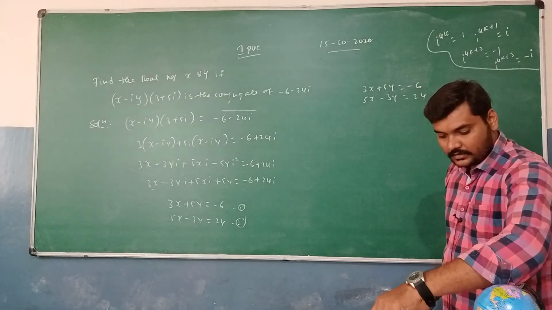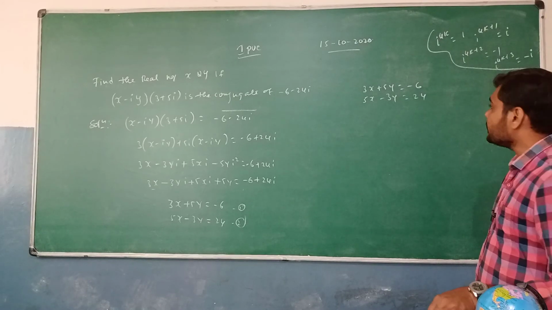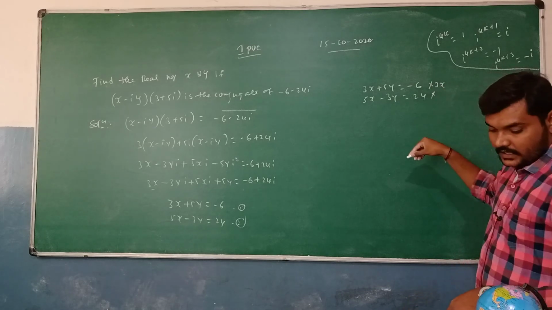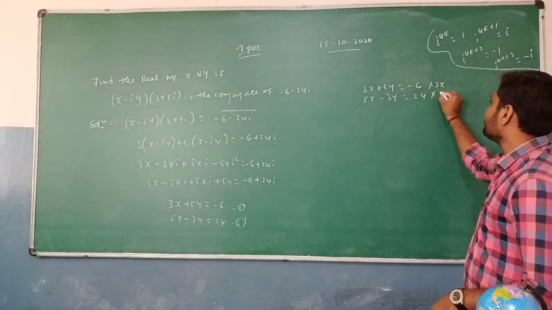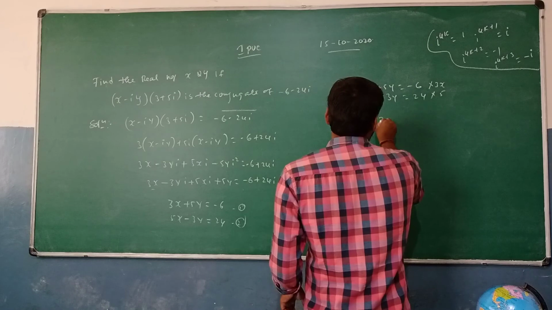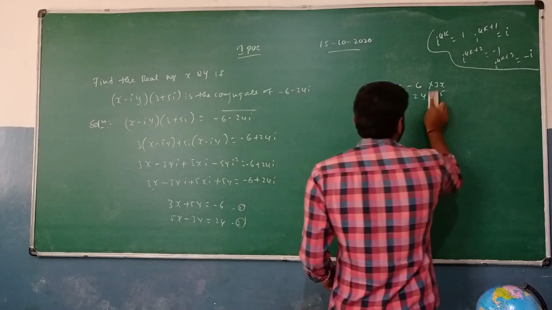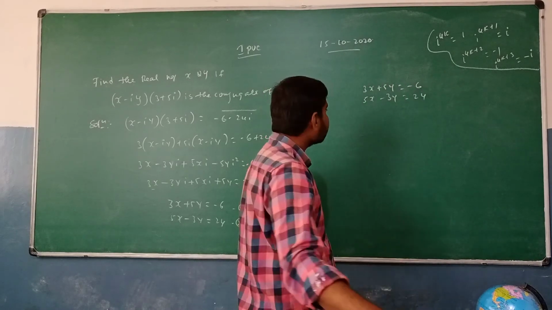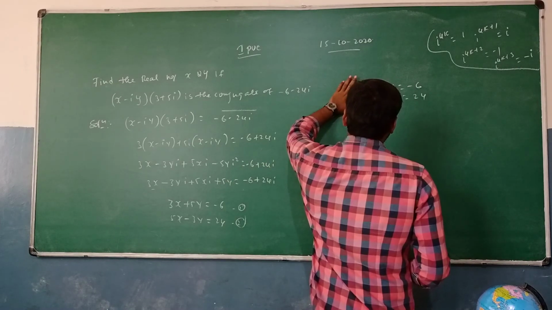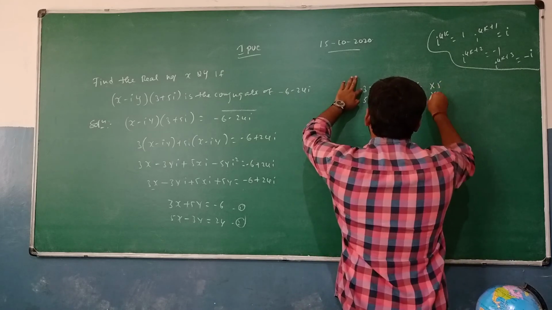In equation number 1 we are going to multiply with 5, and in equation number 2 we are going to multiply with 3. Pay attention to what we get. If you multiply by 3x you get 9x squared, but it is not necessary to multiply by 3x. The best is to multiply by 5 here and by 3 there.